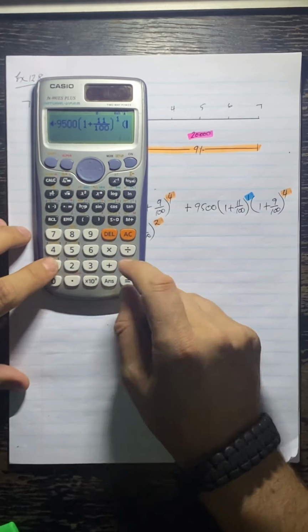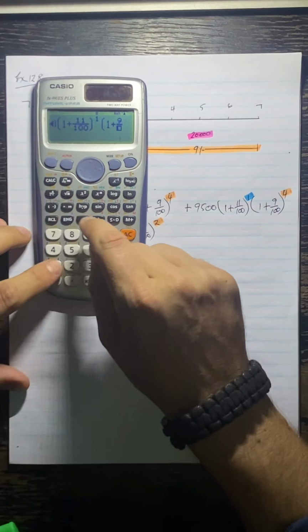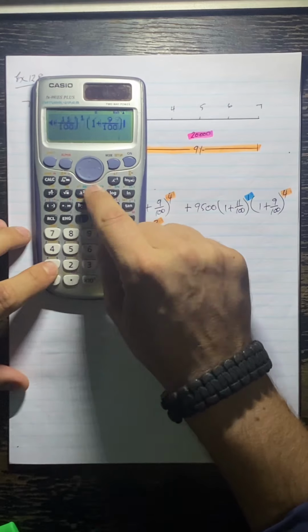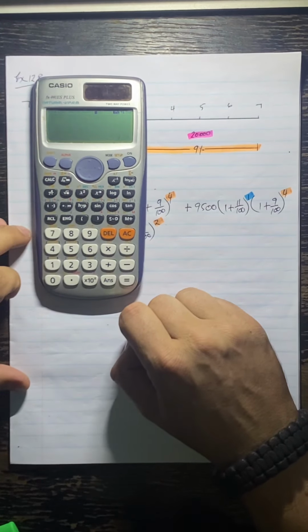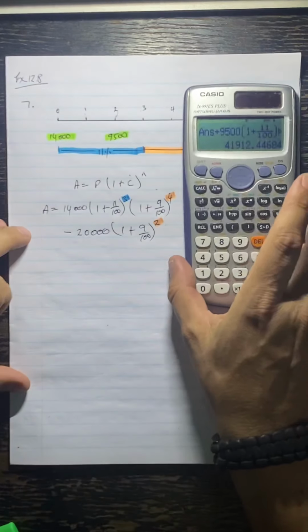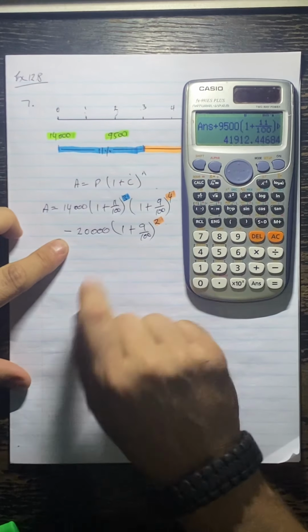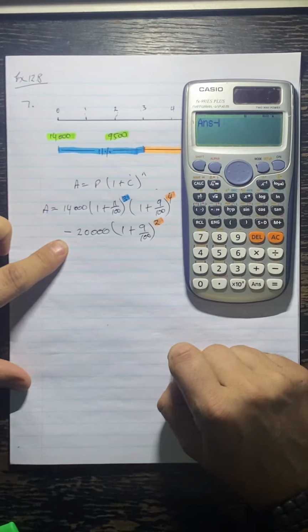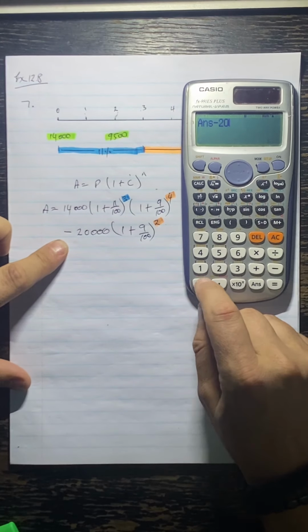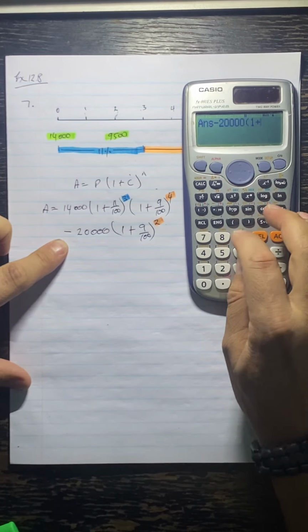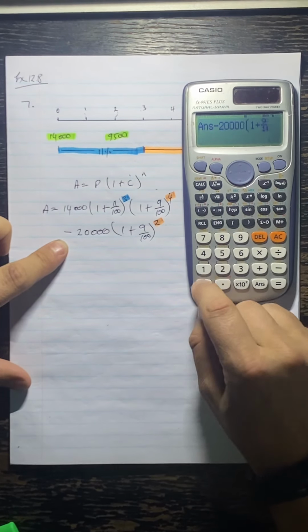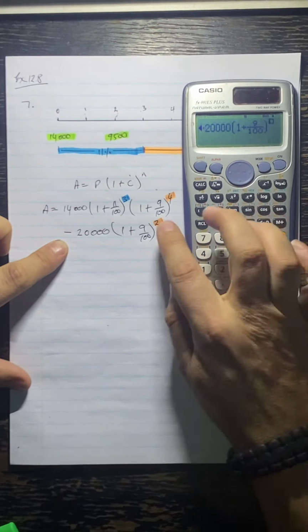Then we've got 1 plus 9 over 100 to the power of 4. Press equals. Now we need to subtract this bit over here. So subtract 20,000 times (1 plus 9 over 100) to the power of 2.